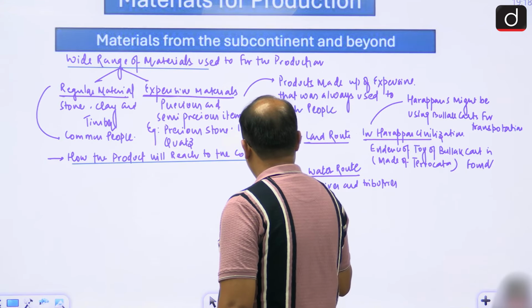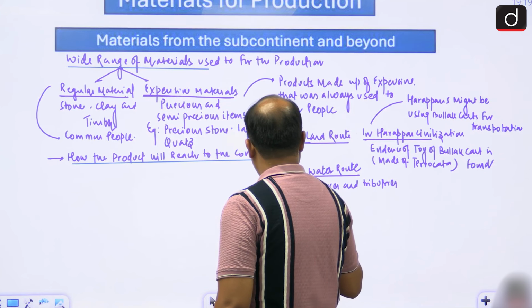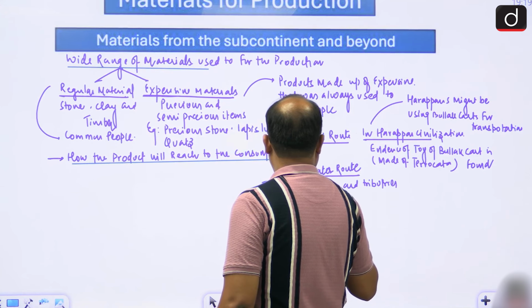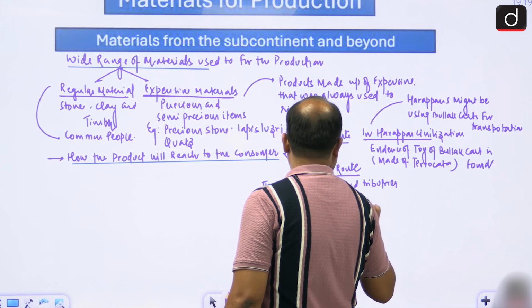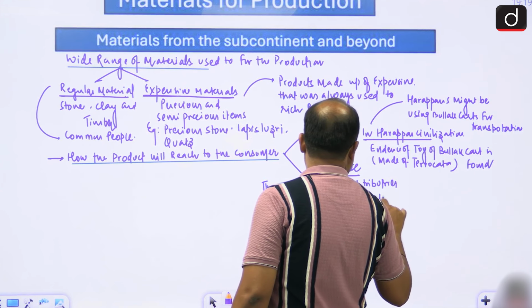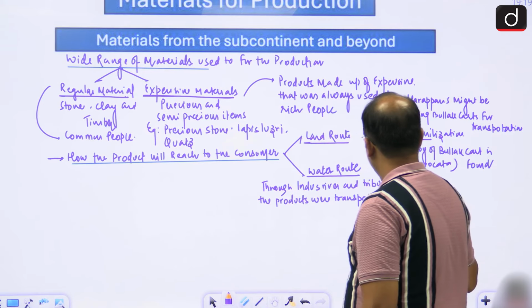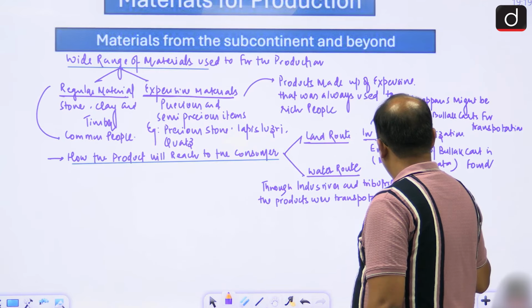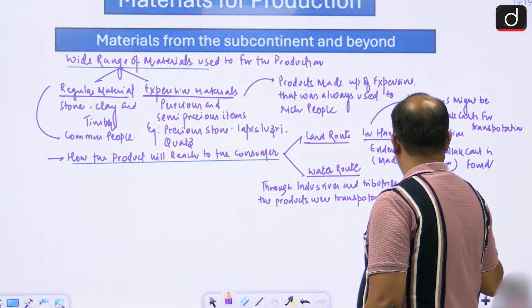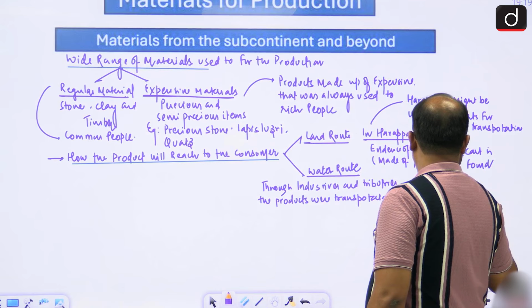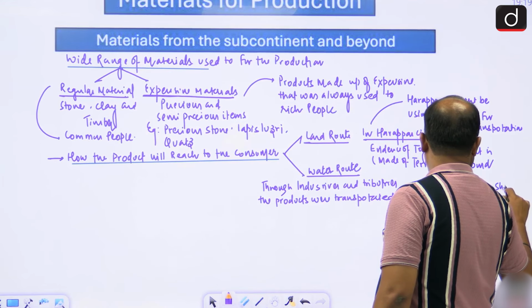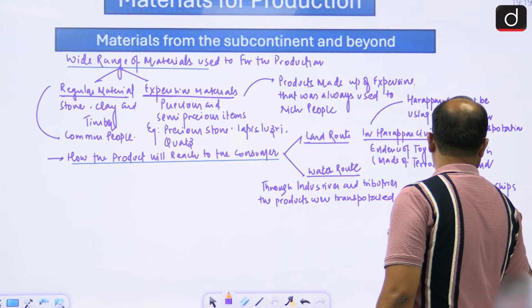The products were transported through the water route by ships and boats.